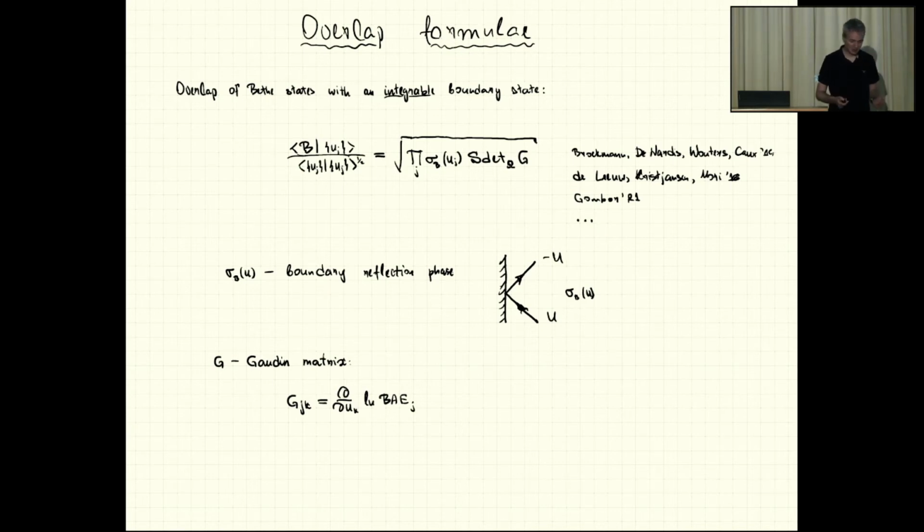And super here refers not to the original supersymmetry of ABJM, but to this fake supersymmetry related to reflection Z2 invariance. So once we have Z2 invariance, we can define super trace and therefore a super determinant. The Gaudin matrix is just the Jacobian of Bethe equations. So this factor is basically universal, so it doesn't depend on the model.